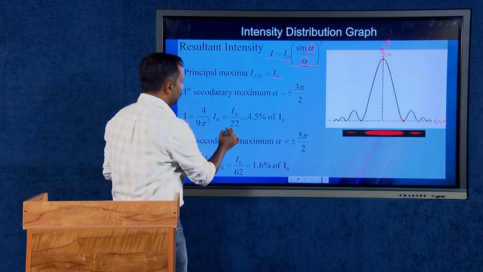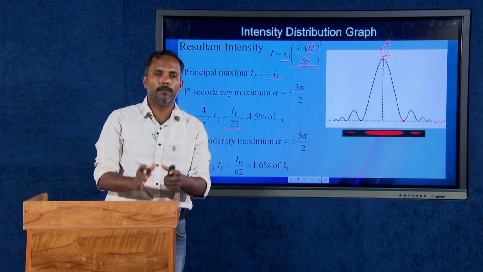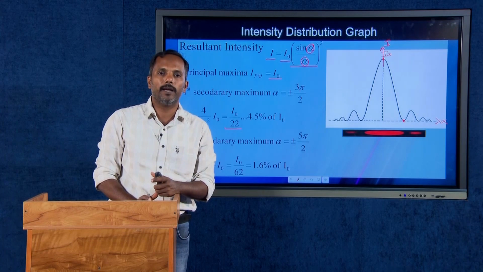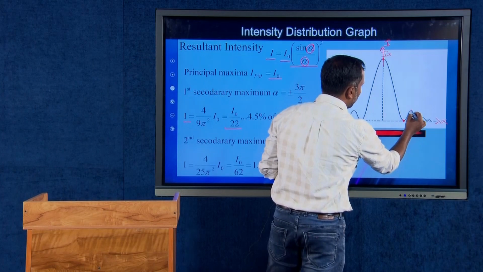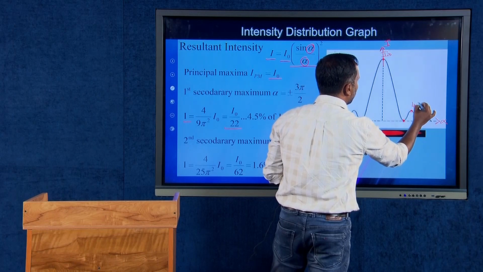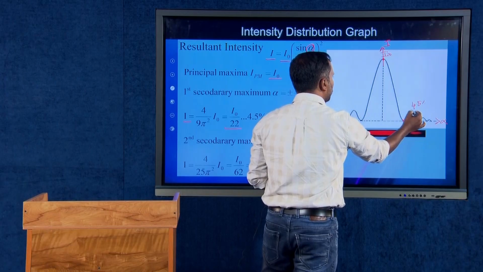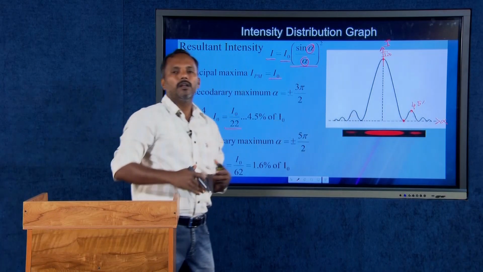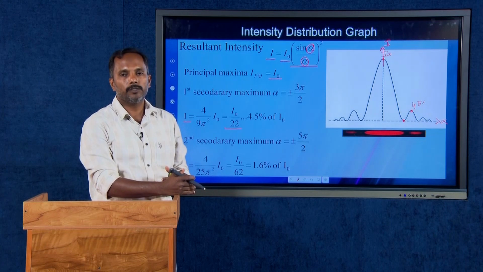That is approximately I0 divided by 22, about 4.5 percent of the maximum intensity I0. That means the first secondary maximum has 4.5 percent of the maximum value. So, the intensity of the secondary maximum is smaller in comparison with the maximum intensity.